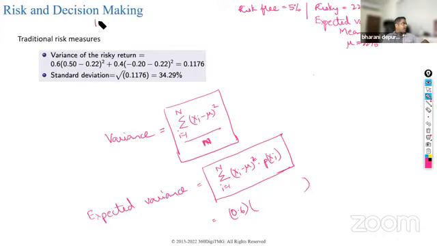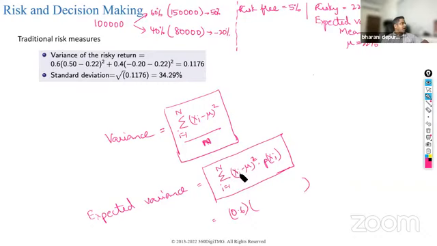You have 100,000. There is a 60% probability that you might get 150,000. There is also a 40% probability that you might lose 20,000 and get only 80,000. So this was like 50% return on investment. This is like minus 20%, you lose. Here you gain, here you lose.